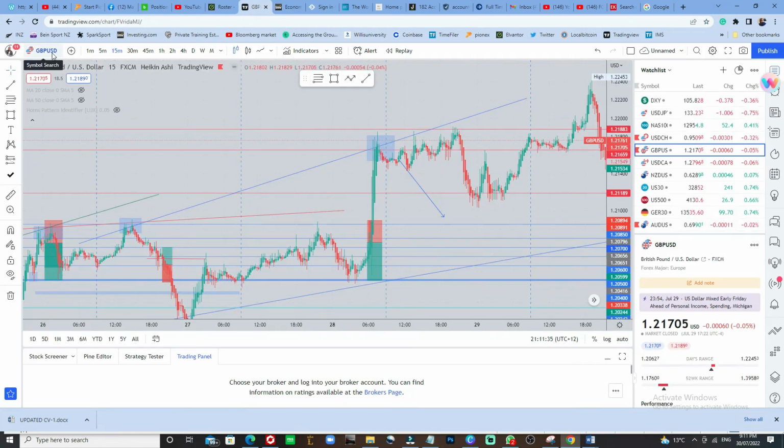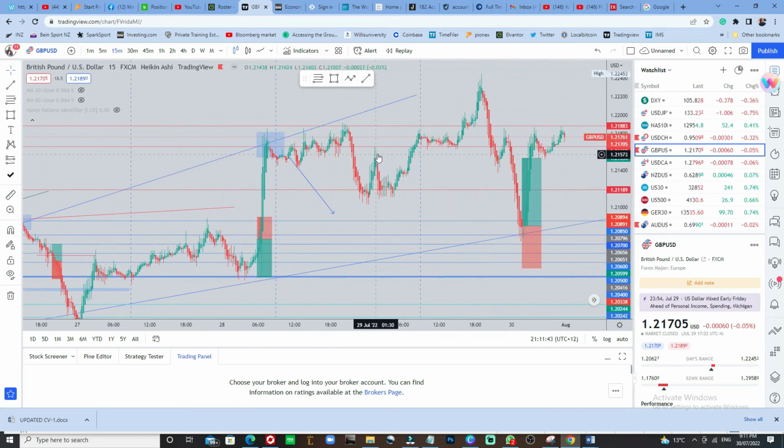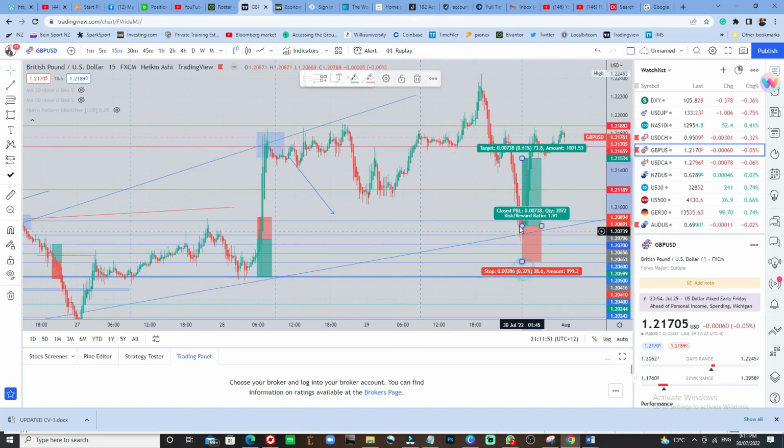But this was the reversal, so that's why I lost this trade. It went up. I didn't trade it again. I just chilled, it started going up. When it came here, I just marked this one and I stopped. I put my take profit here, I put my stop loss here. You know what? It exploded to the upside and I won this trade. Okay, that is for GBP USD.